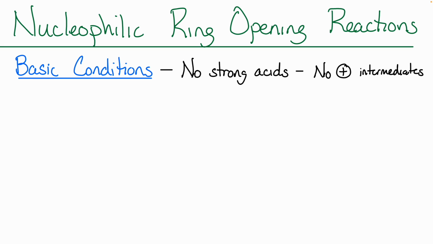No, our strong nucleophiles are negatively charged, right? So under basic conditions, we get to use our strong nucleophiles with their negative charge. Okay, so let's take a look at an example.